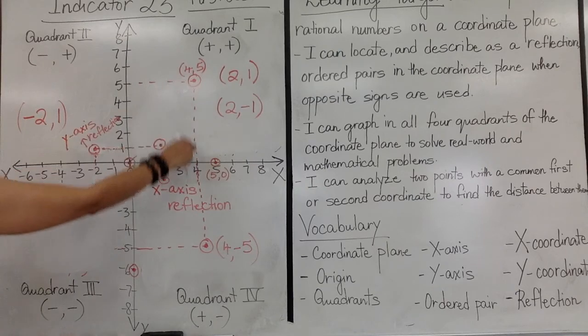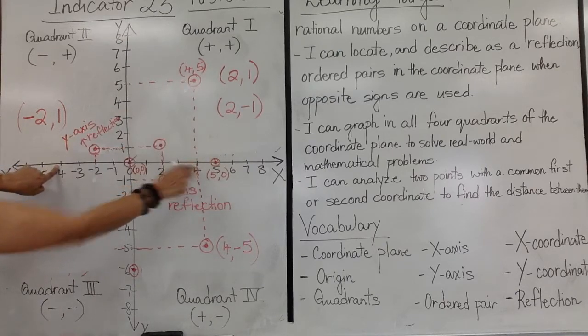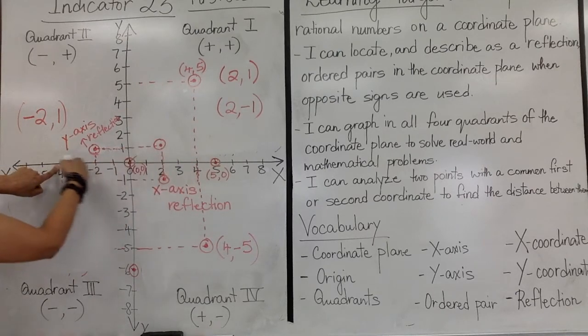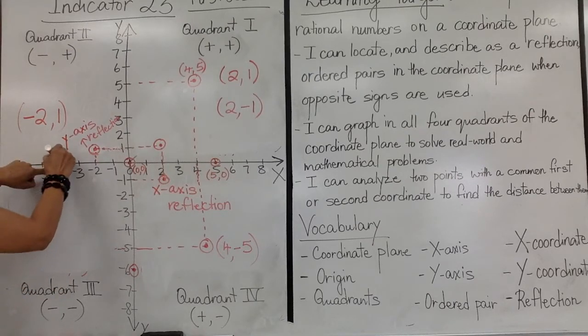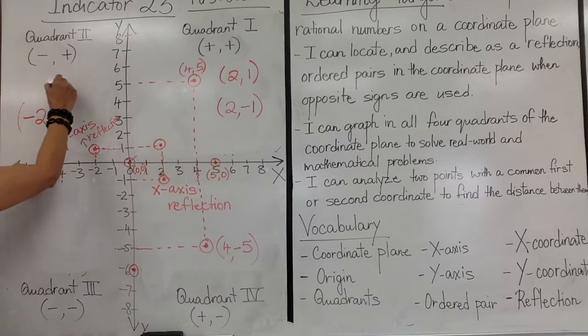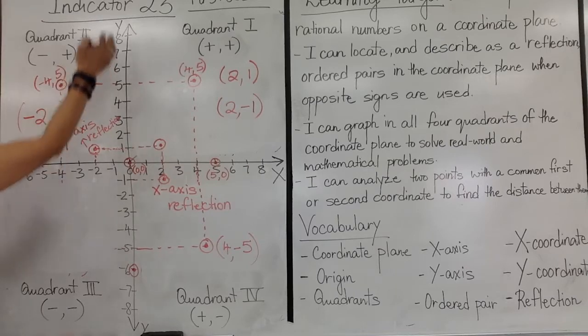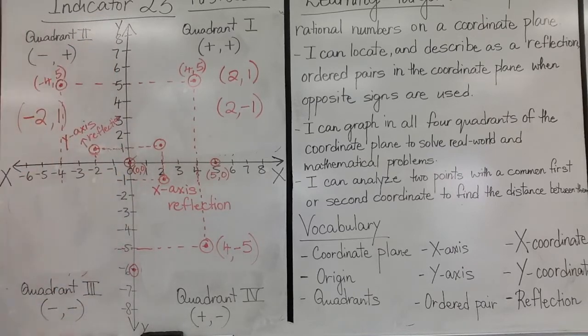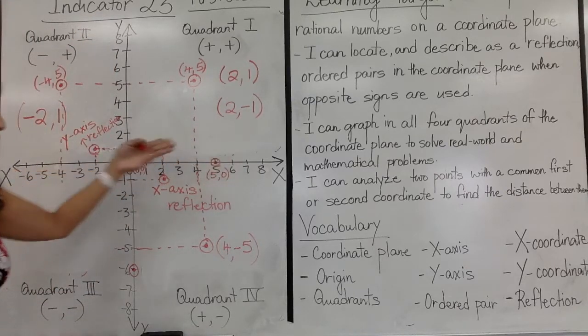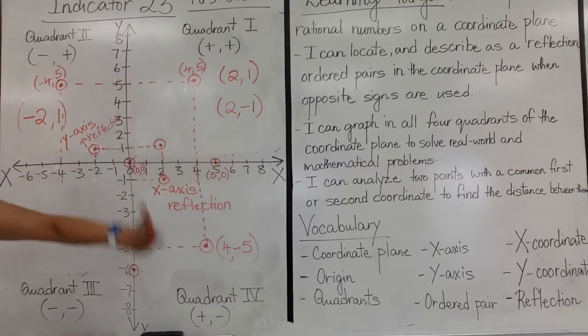So if this is 4, 5, I'm going to go that distance from here. So this is 4 units, this is 4 units. So this is -4. And then I would go up and I would get here. So this is -4, 5. So this is reflection on the y-axis. This is reflection on the x-axis.